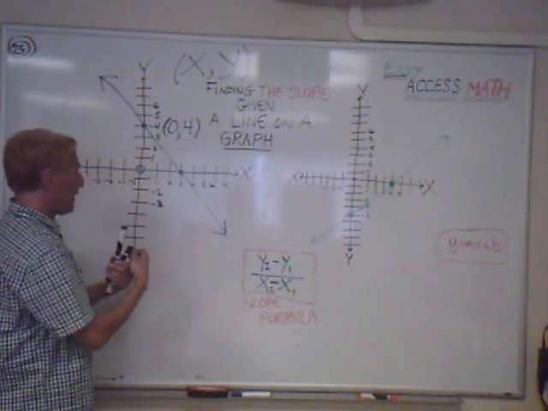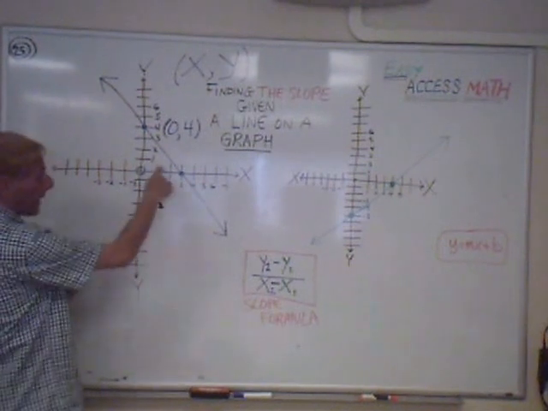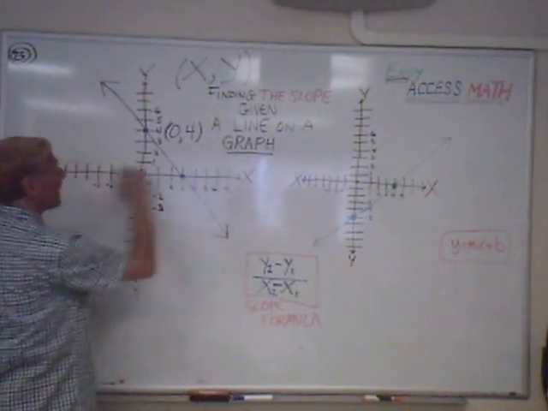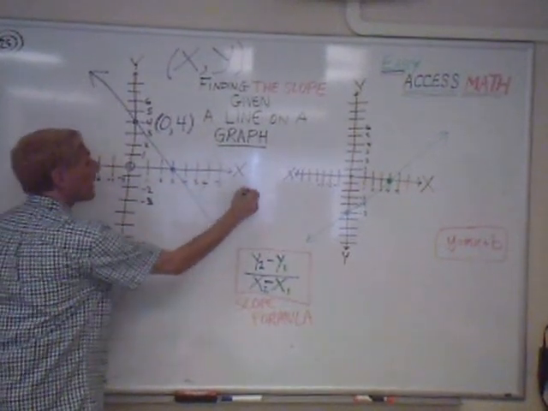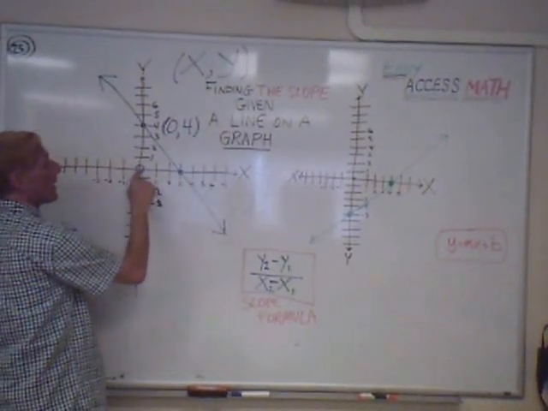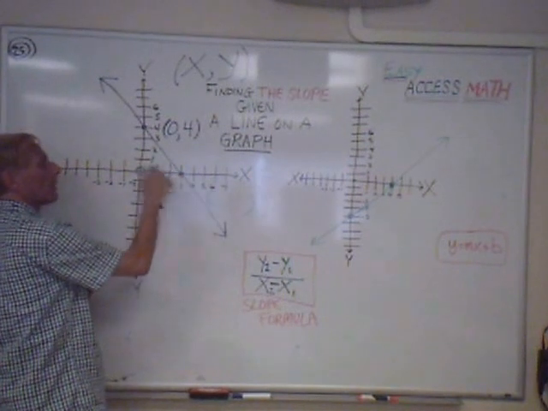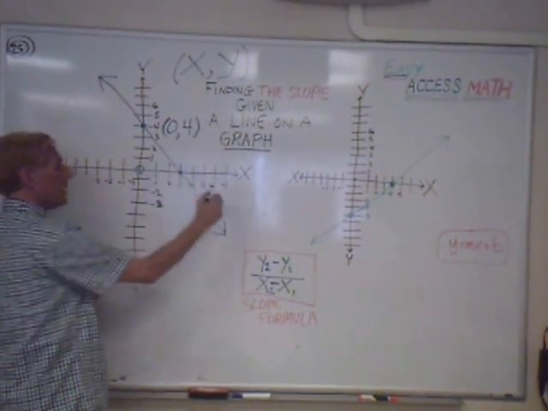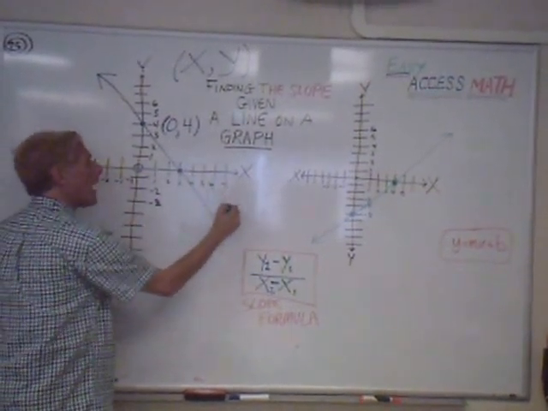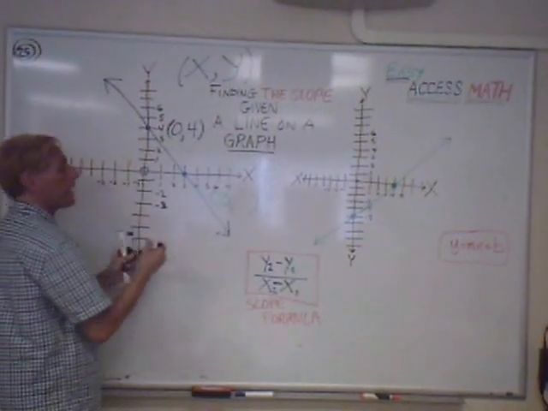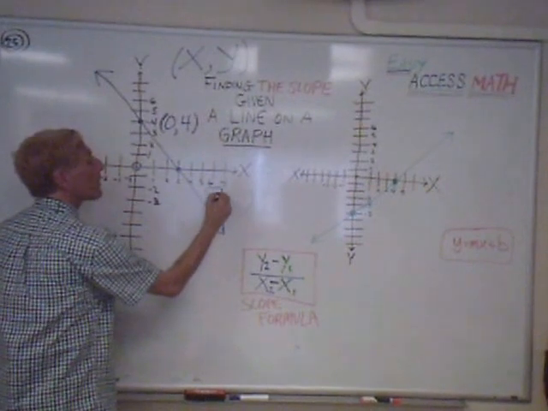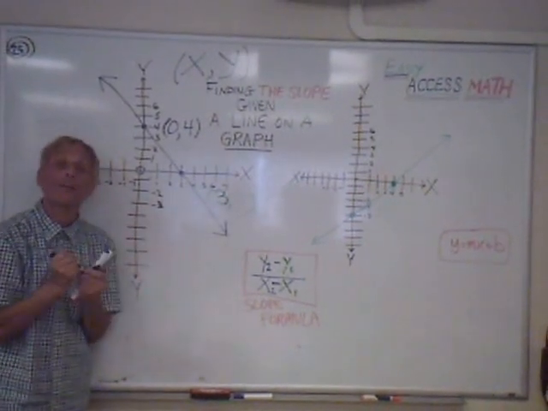The next point I see is on the other axis, the x-axis. It's 3 over: 1, 2, 3. So it's 3 on the x value.